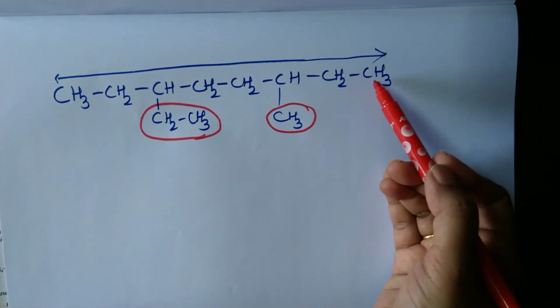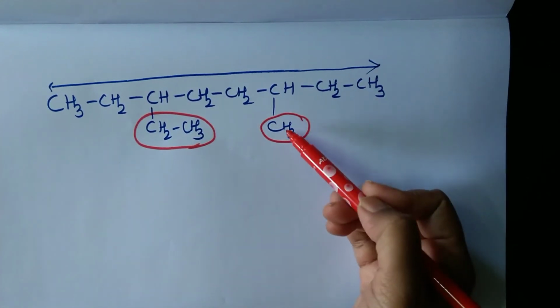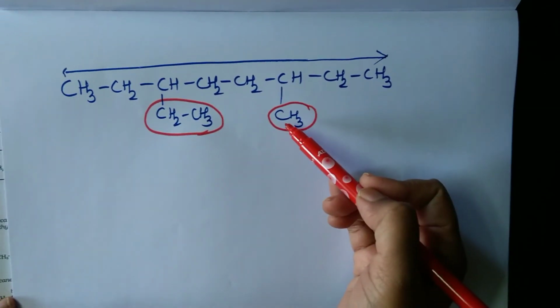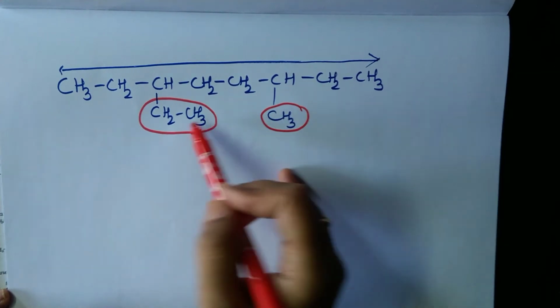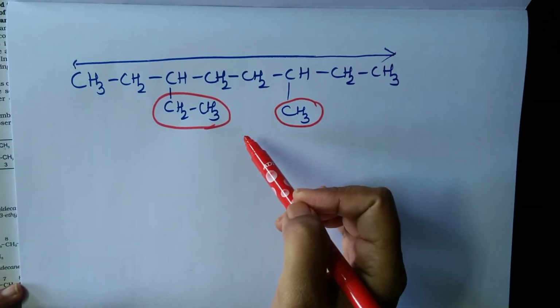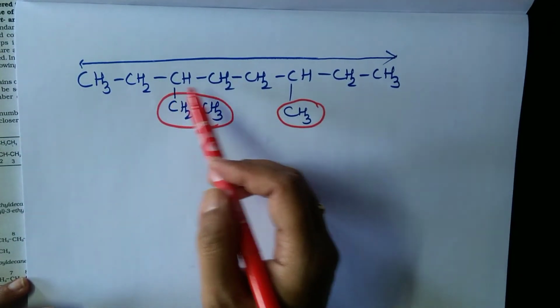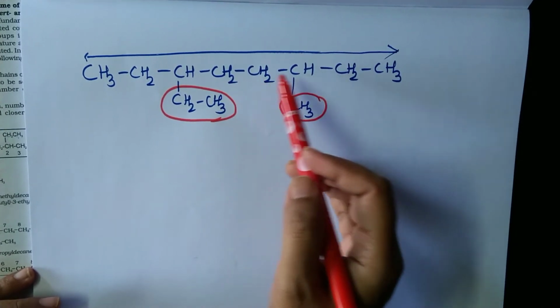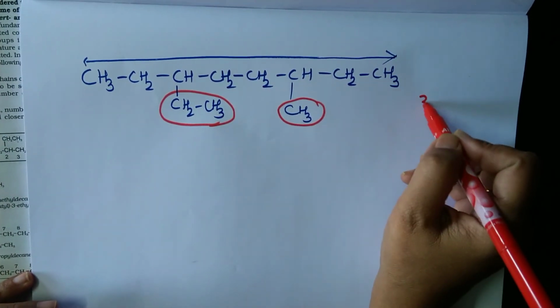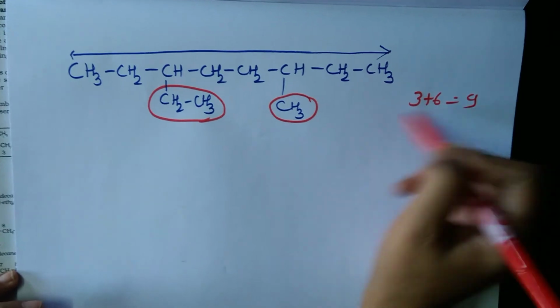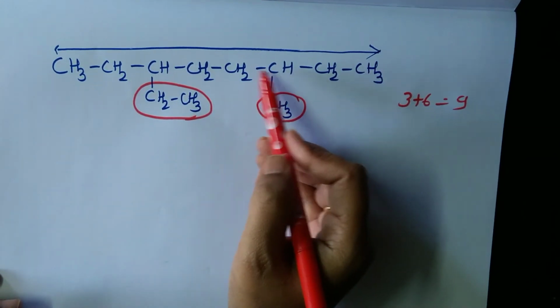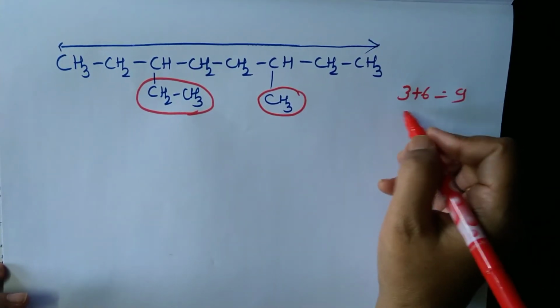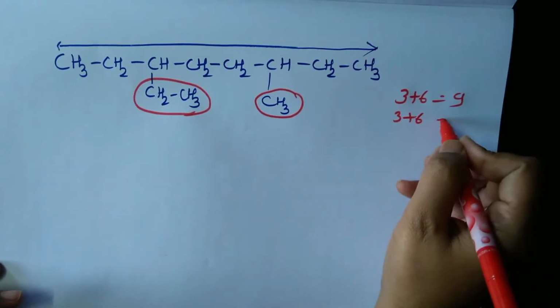If I number it from the other side, the methyl group gets the third position. So they are equidistant from each other, so the sum of locants will be the same. 3 plus 6 is equal to 9. For this case, 3 plus 6 is also equal to 9.